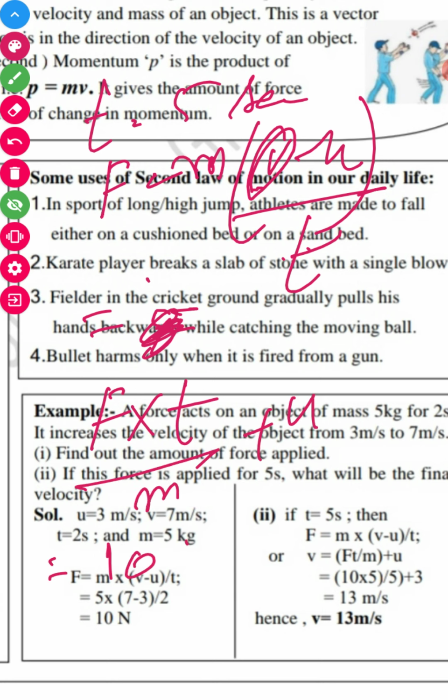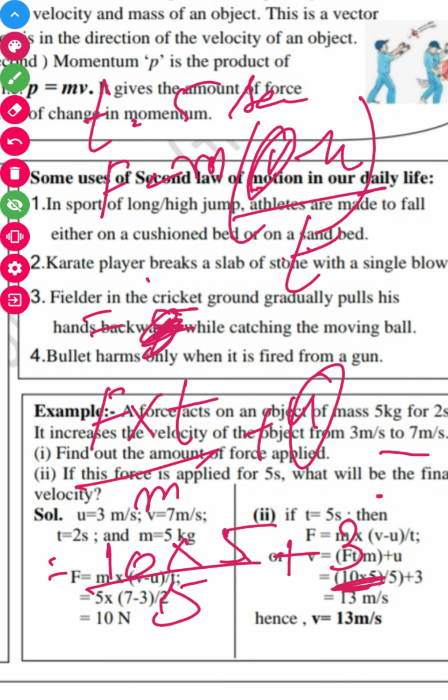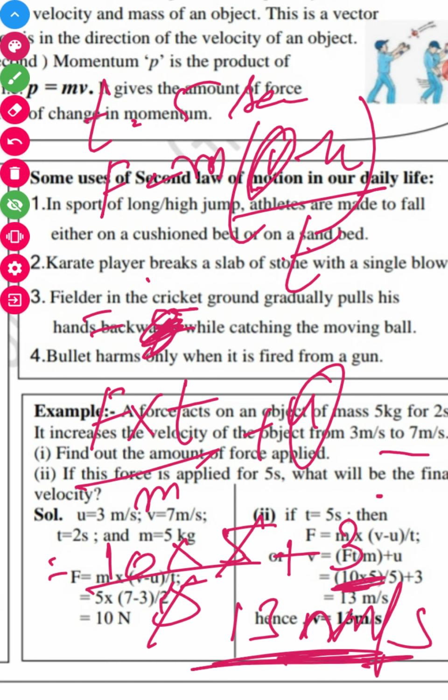So F we have 10, t we have 5, m also we have 5, plus the initial velocity 3. 10 multiplied by 5 divided by 5 plus 3. The 5s cancel, and 13 meter per second is the answer.